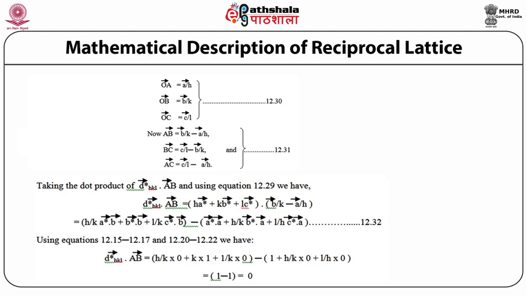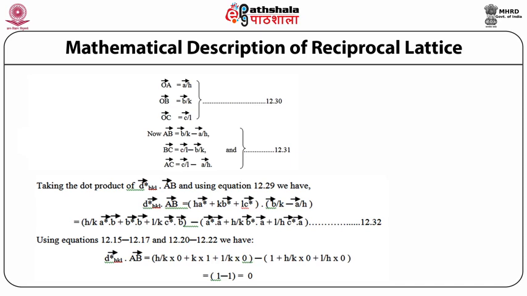Using equations 12.15 to 12.17 and 12.20 to 12.22, we have d star hkl dot AB equal to h by k cross 0 plus 1 plus l by k cross 0 minus 1 plus k by h cross 0 plus l by h cross 0, which is equal to 1 minus 1.